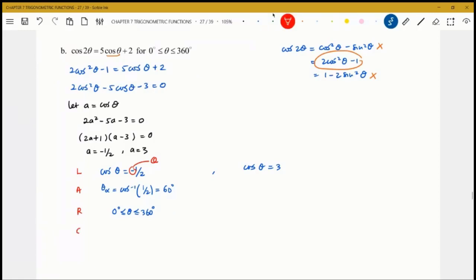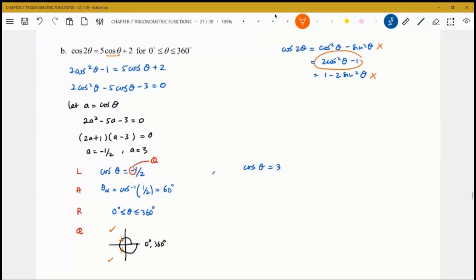Okay, and then your quadrant. So it's full rotation daripada 0 degree towards 360. So cos negative, it lies on the second quadrant and third quadrant. So your angle should be here, your angle should be here.